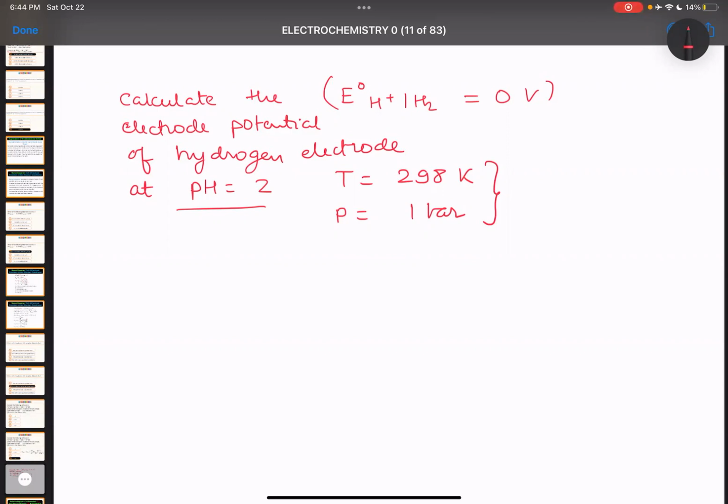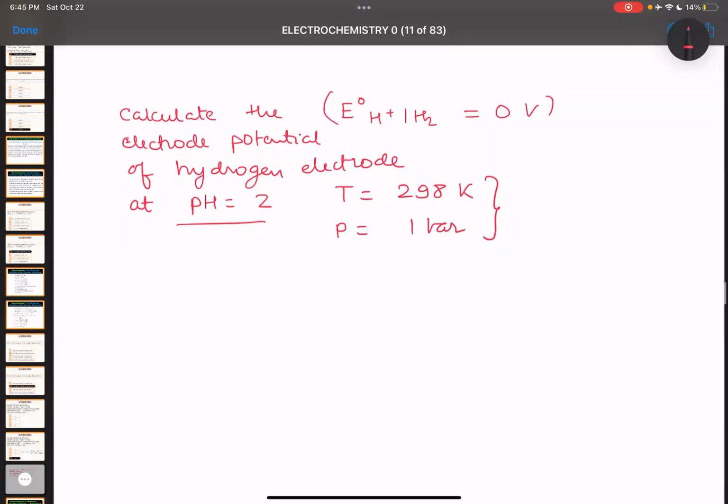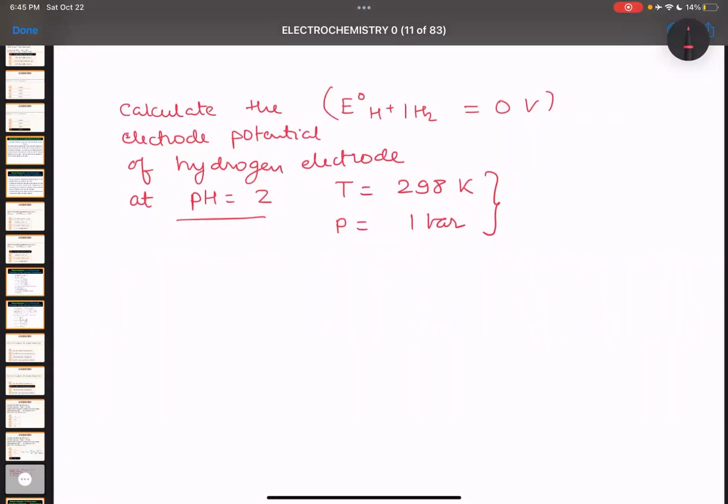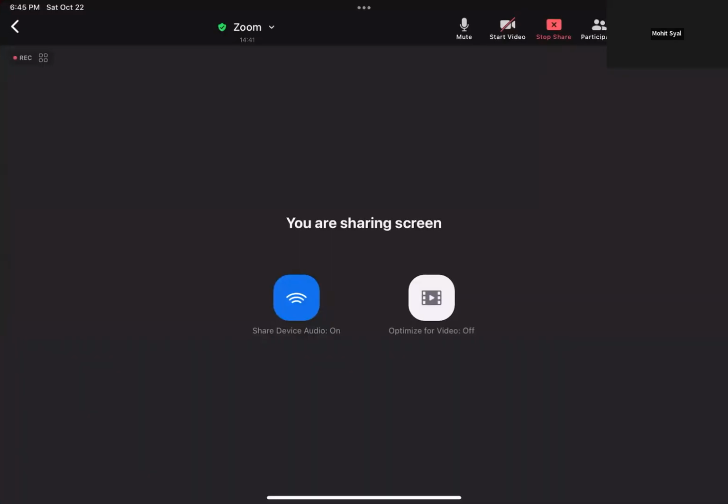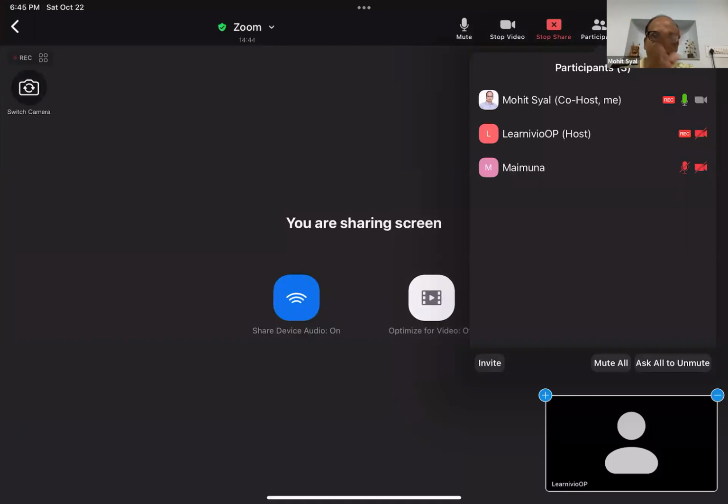What is going to be the electrode potential? That we need to find out. Instead of concentration, pH is given, and you know from your class 11th that concentration and pH are interrelated, so we can convert very easily.